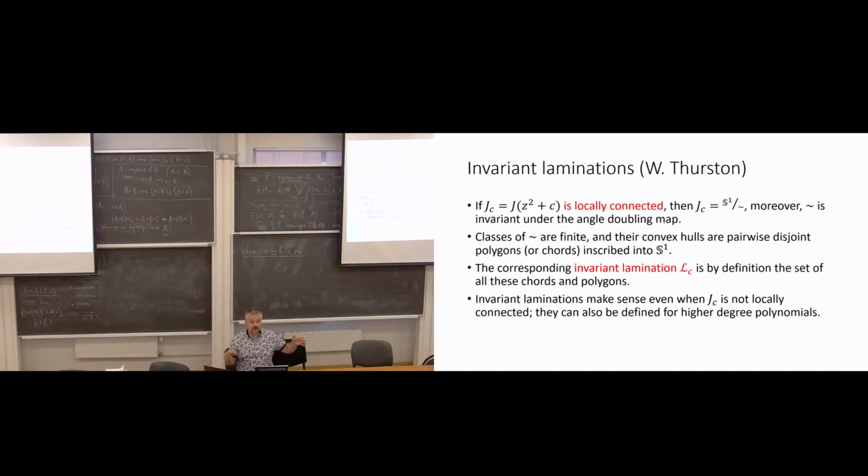And another world is the combinatorial world of invariant laminations. And these worlds sometimes match, in the sense that one is topologically conjugate to the other, and sometimes they diverge when the Julia set is not locally connected.